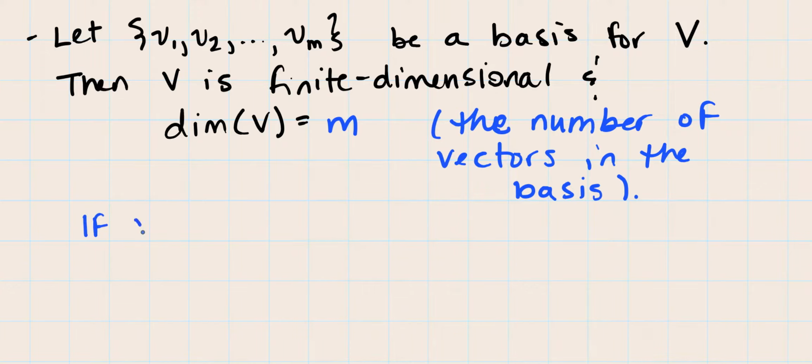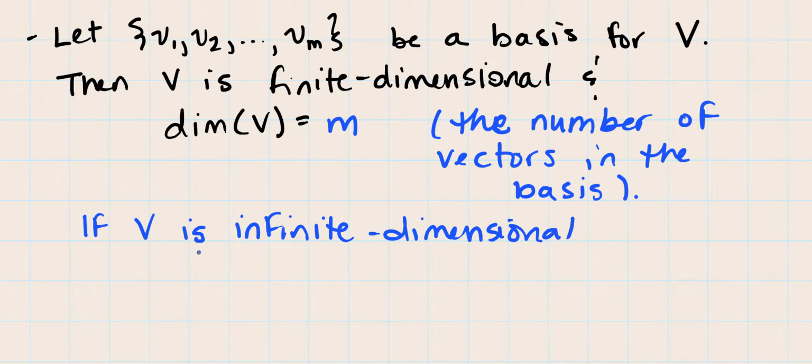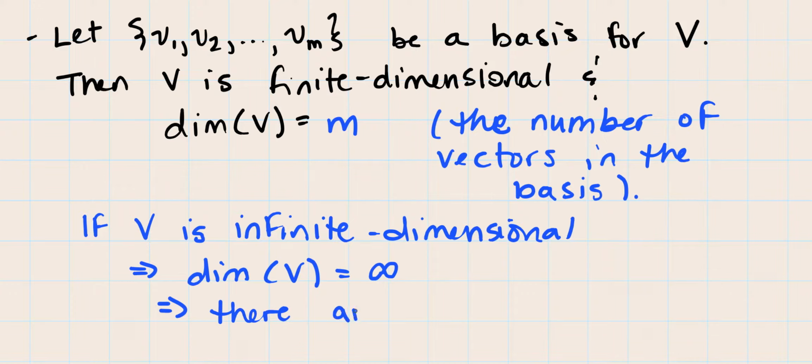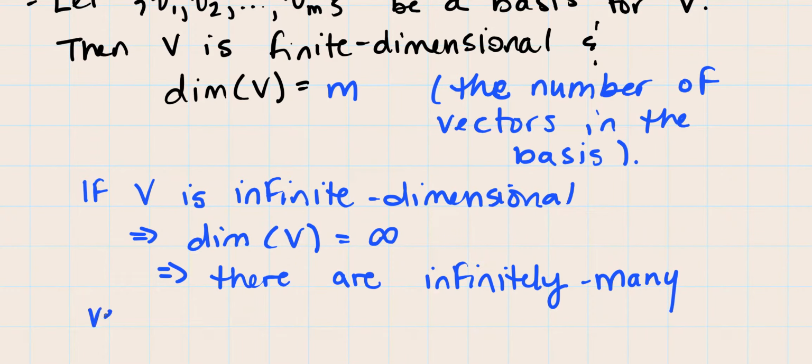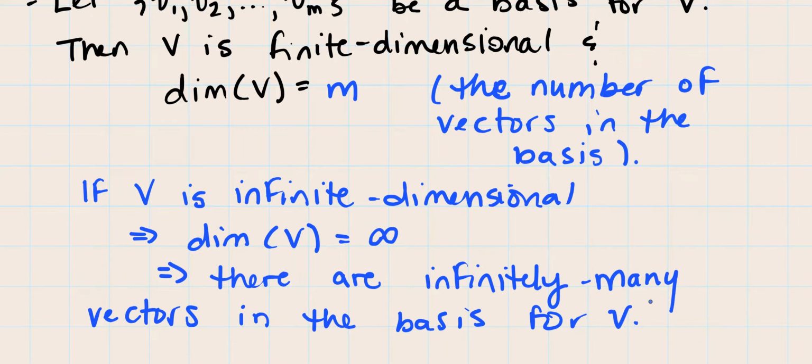So if V is infinite dimensional, that implies the dimension of V, you can write it like this, is infinity, which means there are infinitely many vectors in the basis for V. In this class, we're not going to really talk about infinite dimensional vector spaces.